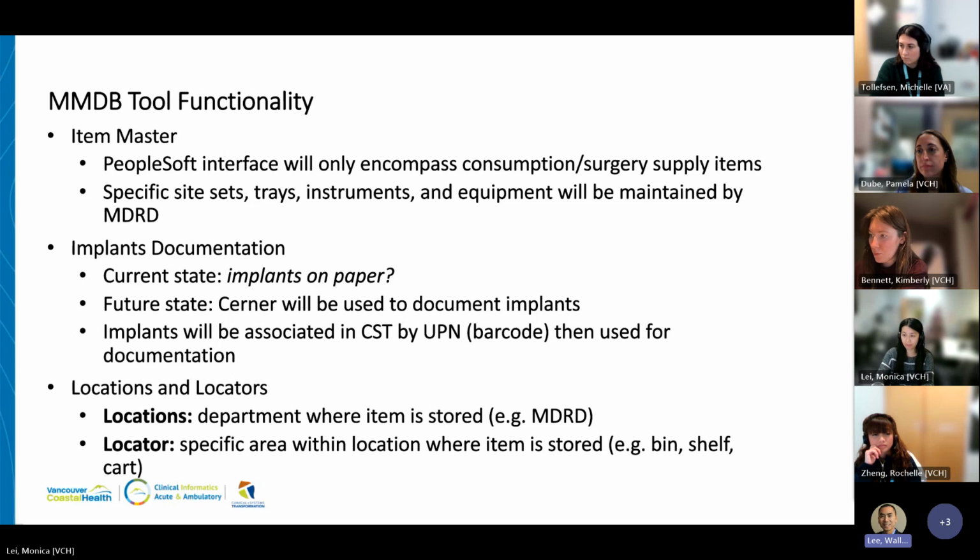And then for implants, in current state I'm assuming you have an implant log sheet. Yeah, we do, in a binder, with all the details of the implants. Okay. In future state, Cerner implants are supposed to be documented electronically within Periop Doc. There is a segment where you say what item was used and capture things like the catalog number, expiry date and serial number.